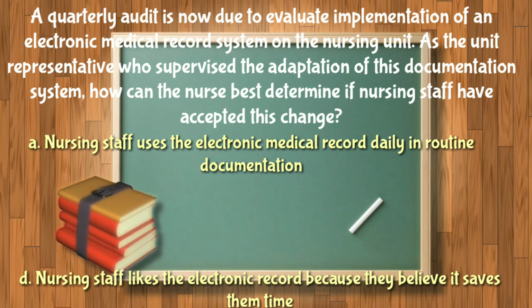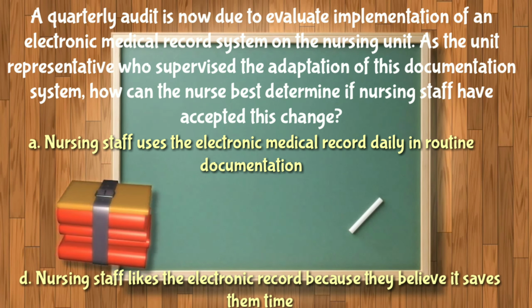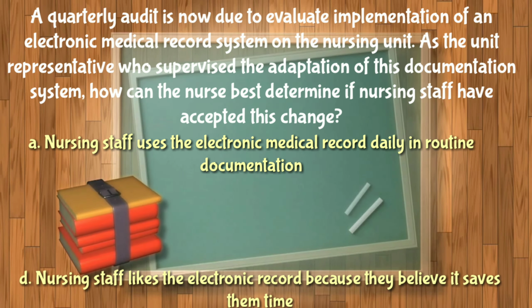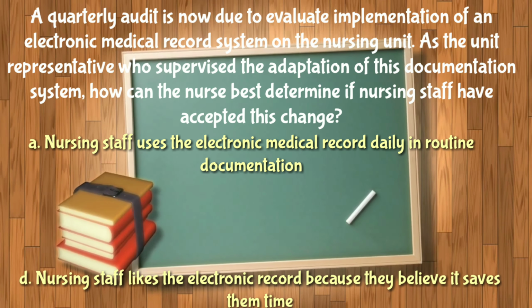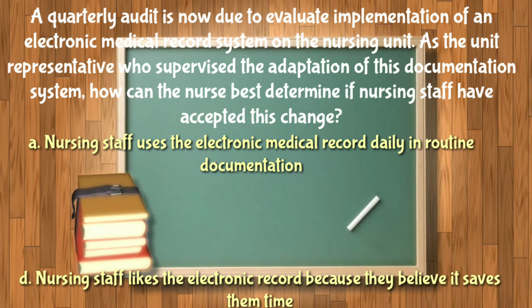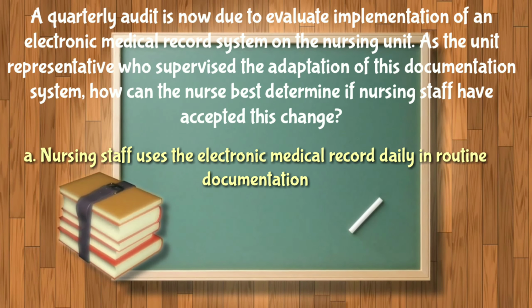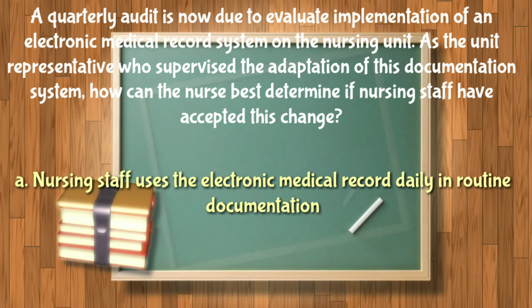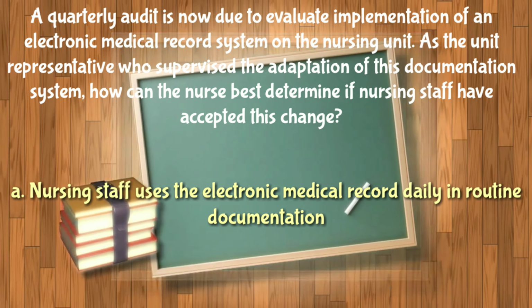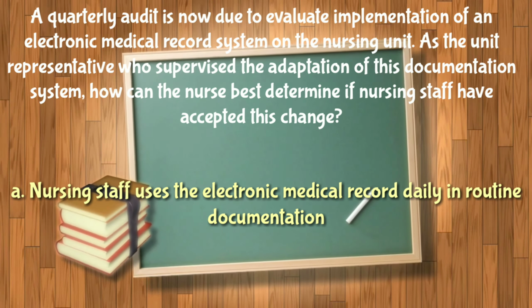It is not the same as use of the system, which is a better indicator of acceptance. So compared to both of them, letter A is the correct answer, because when people accept change, they integrate it into their daily routines and the change is maintained. So let's proceed to number 5.